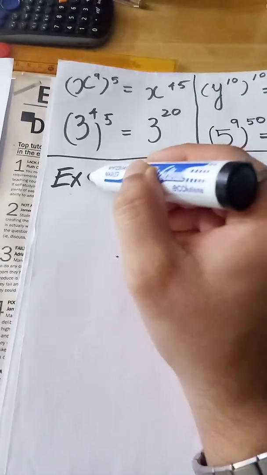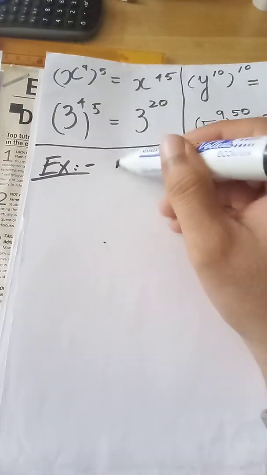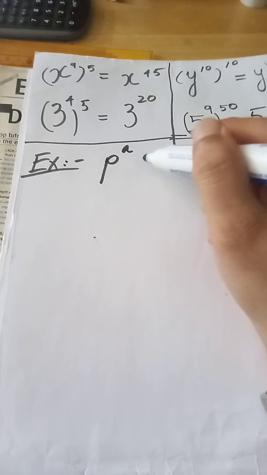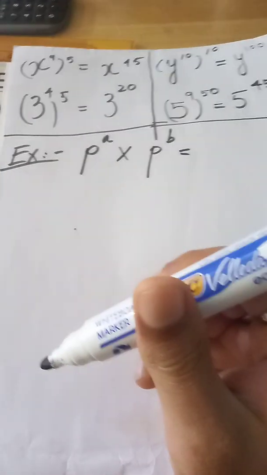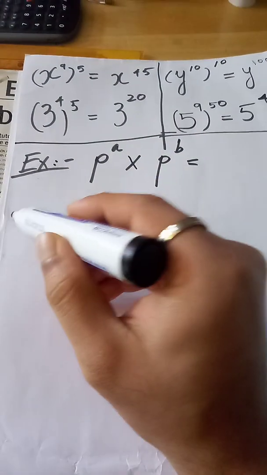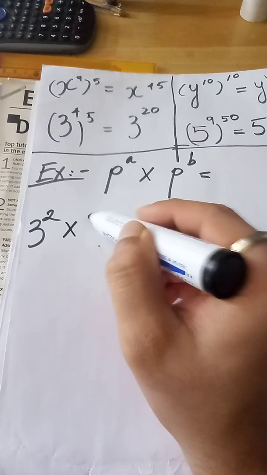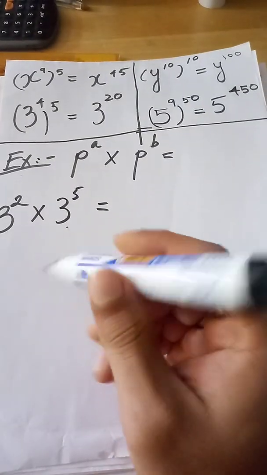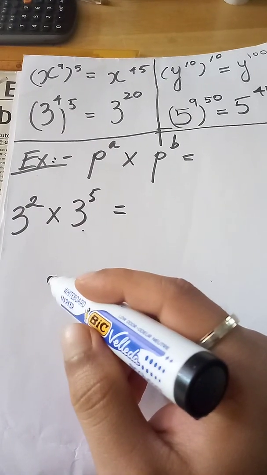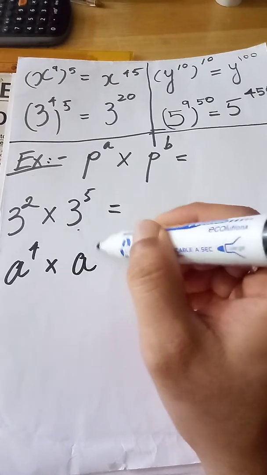Now we'll move on to some exercise questions. The first question I'm going to pop before you is p to the power a multiplied by p to the power b. The second one would be 3 squared times 3 to the power 5. The other one would be a to the power 4 times a to the power 5.